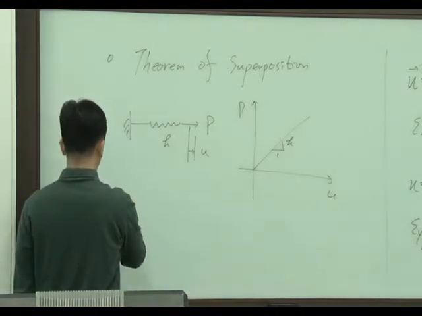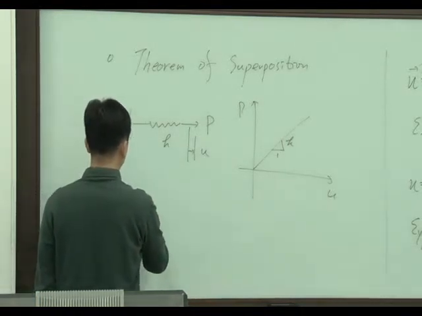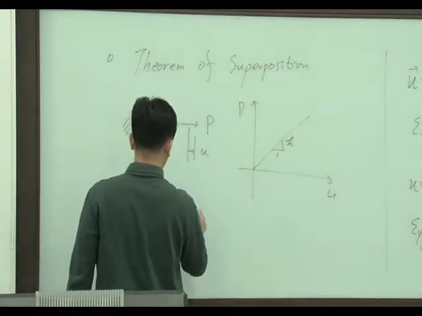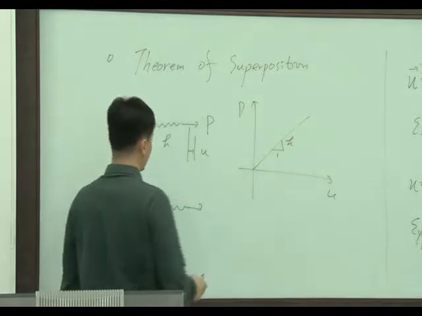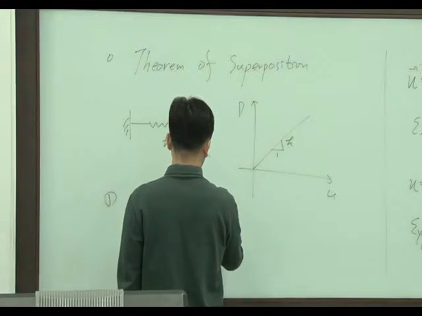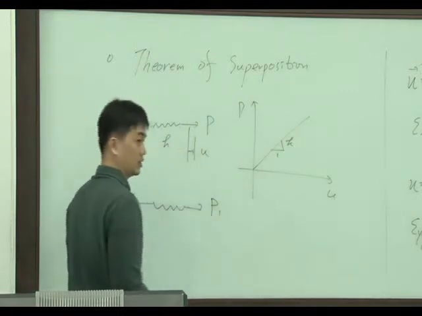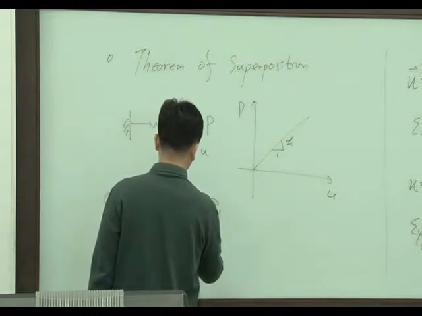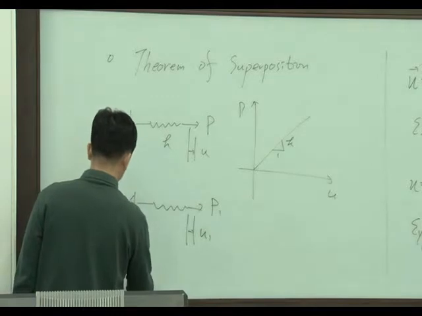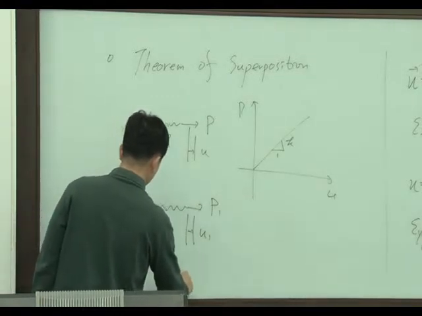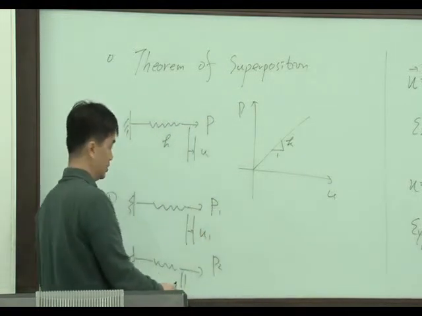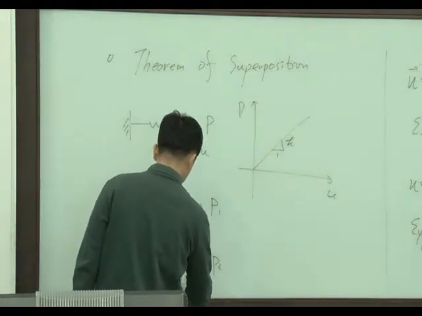So at the first time, I'm going to pull this with an amount of force P1. And then we will have a displacement U1. And second time, I'm going to apply P2, the other force, then displacement U2.